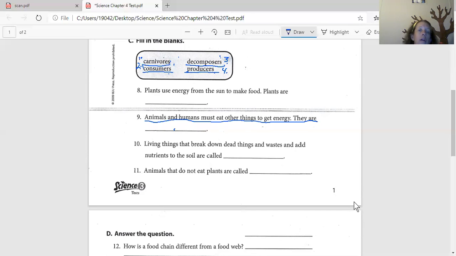Yes. Number 10, living things that break down dead things and wastes and add nutrients to the soil are called carnivores, consumers, decomposers, or producers. One, two, three, or 4. Are you done with number 10, yes or no? No. Okay.